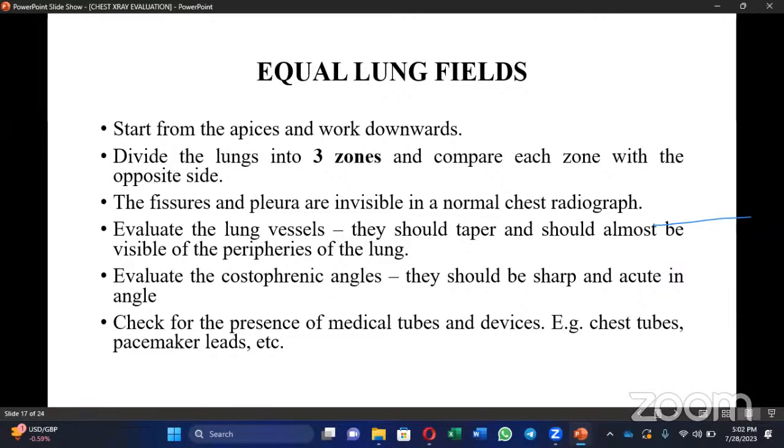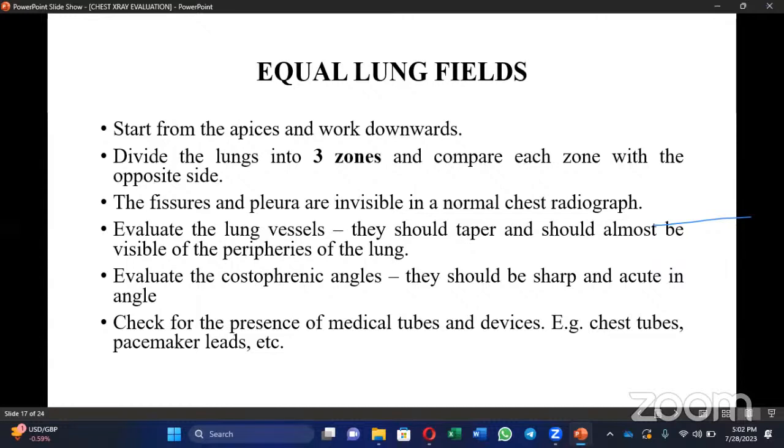That's the normal density of the lung, so it means that the lung is an air-containing structure, and that's its radiographic density. When we are assessing the lung areas, we should start from the apex or the apices. Apices is plural, apex is singular. Look out for the apices, then work your way downwards.